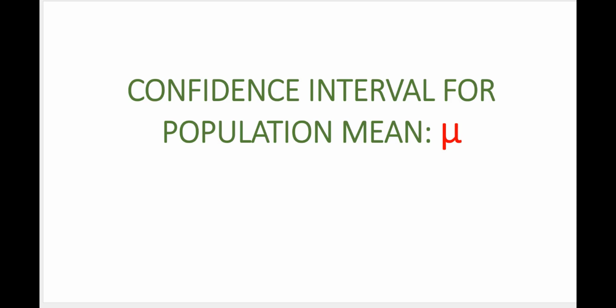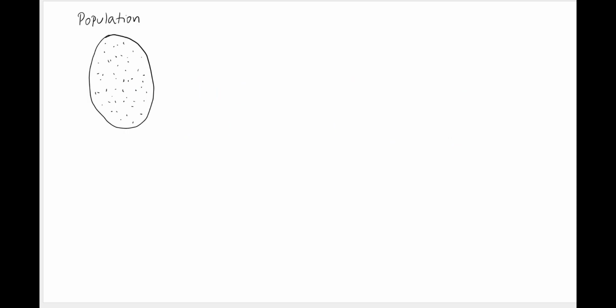In this video, we are going to estimate the population mean using confidence intervals. Given a population, if we want to study one characteristic which is quantitative, this characteristic must have a mean and a standard deviation. However, in most cases, computing the mean of the population is too difficult or impossible.